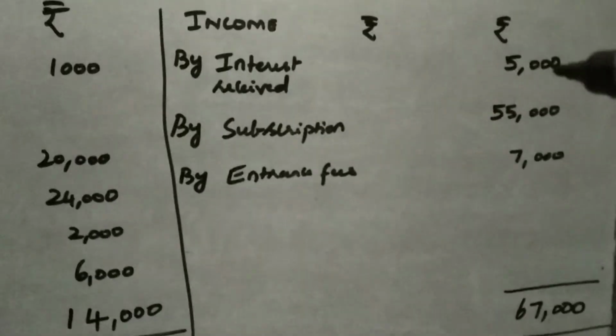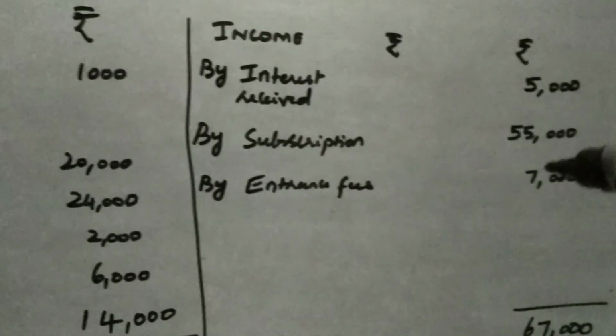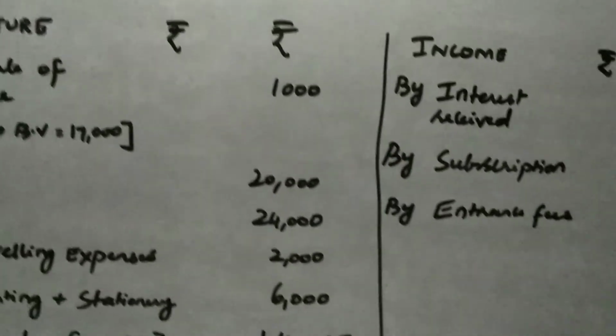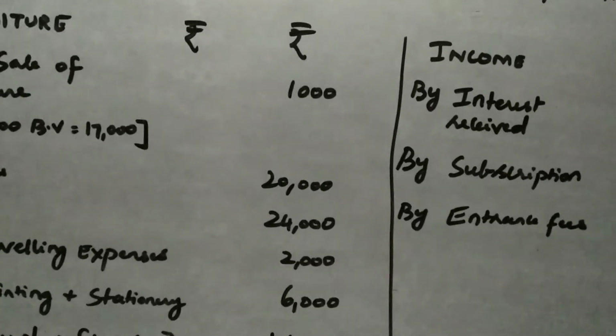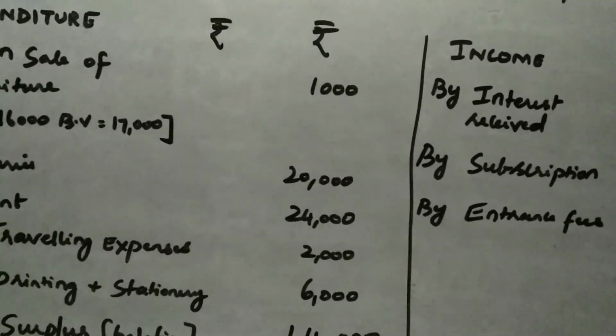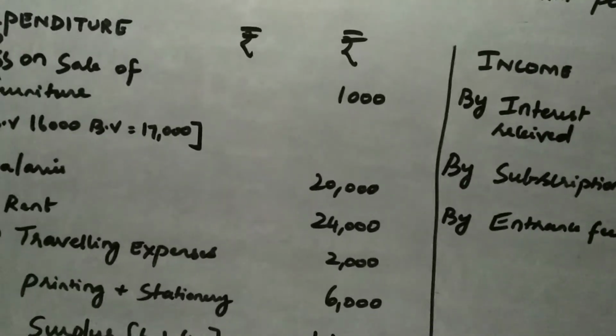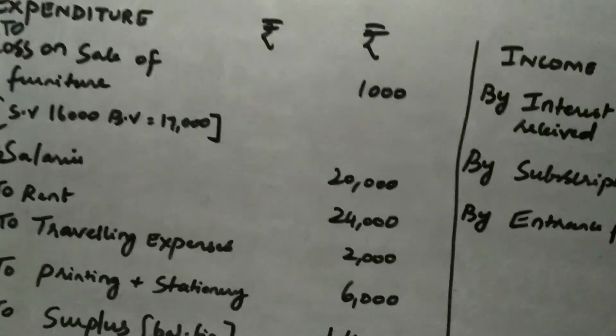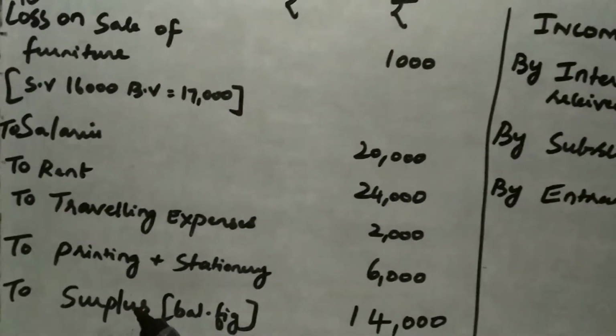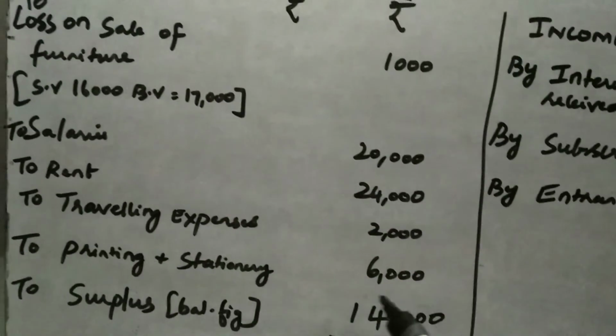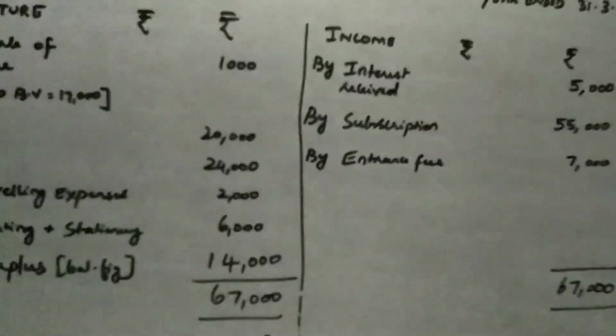Total comes to 67,000 on the income side, whereas we have only 53,000 on the expenditure side. Now expenditure side is less, income is more. When income is more than the expenditure, we get surplus. Your balancing figure 14,000 is surplus.